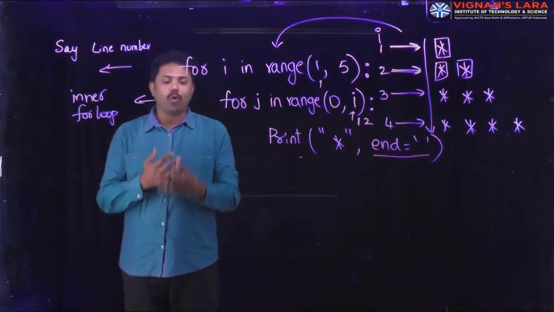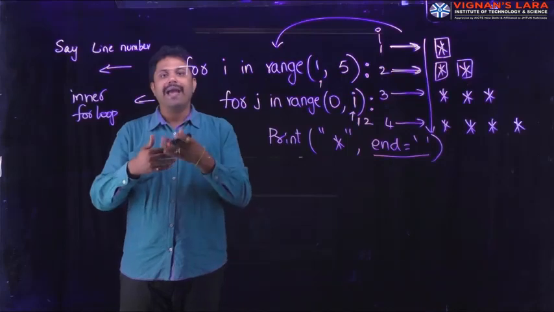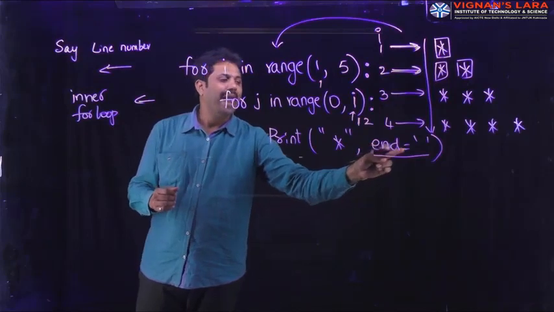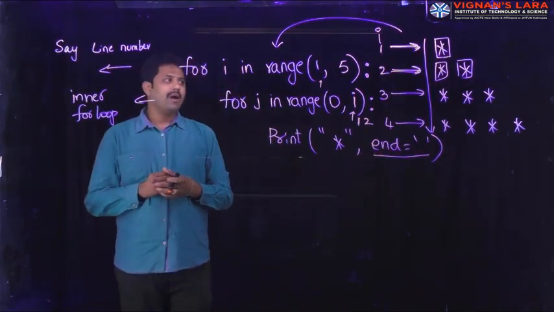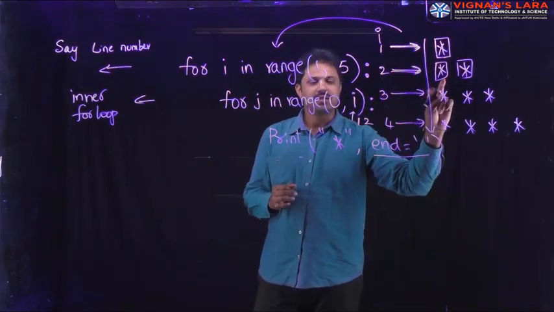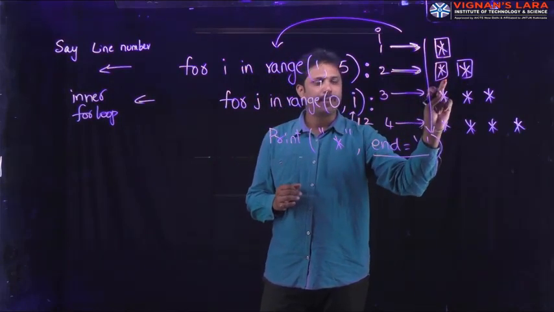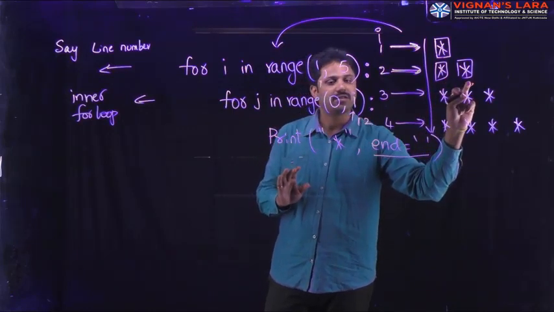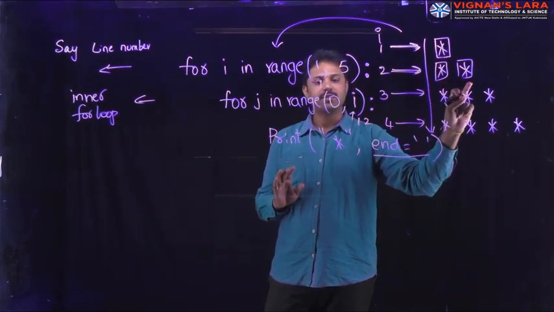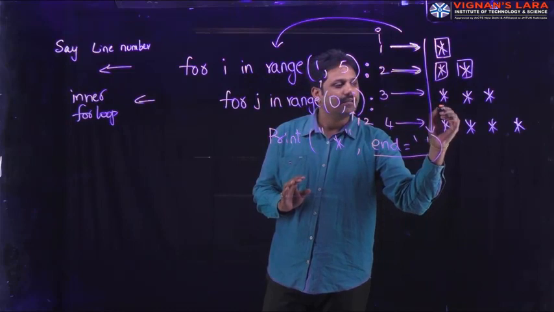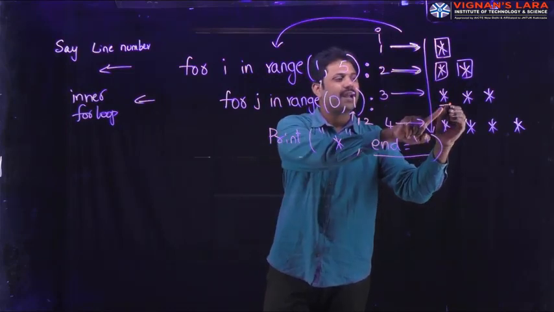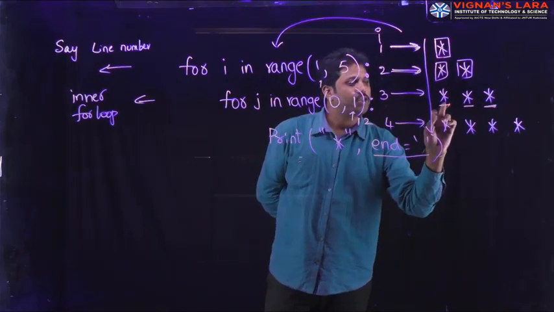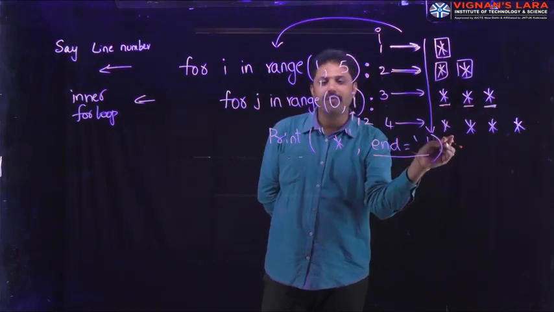If I don't want to go to a new line, you simply give end equals to an empty string. For example, after printing this star in the second line, you don't go to the next line. You have to print the next star here, right? After printing this star, you have to print the second star immediately and the third star again immediately. So after completion of this complete task, only then do you go to the fourth line.